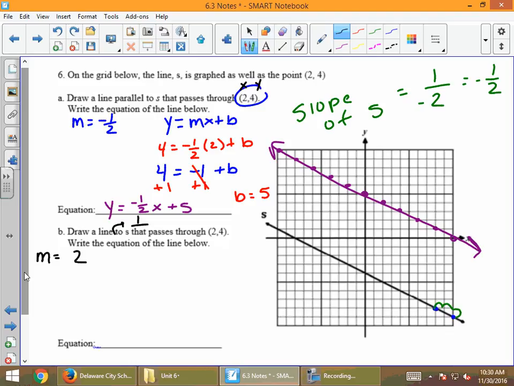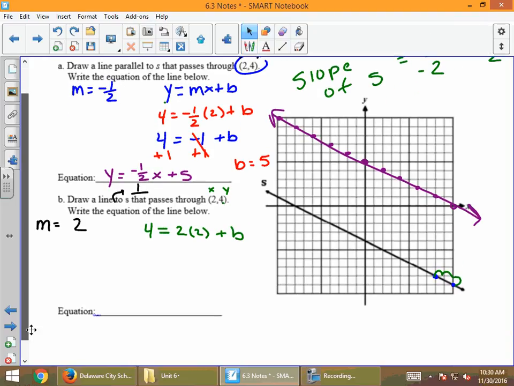And then again, the steps are exactly the same. You plug in, you label your point, x, y. You plug 4 in for y, 2 in for your slope, and then 2 in for x. And solve for b. When we solve for b, 2 times 2 is what? 4.